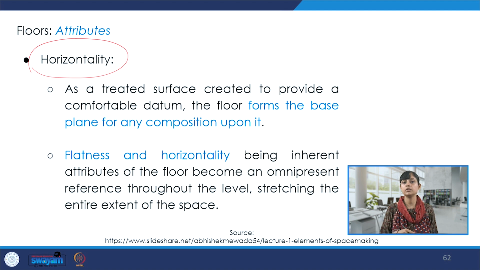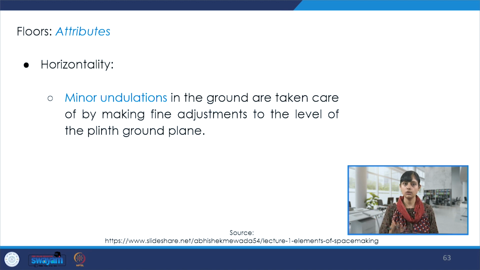They become very important references for the leveling within that interior space, for how we mark the extent within a space, and, through that reference, for the other reference points or deviation points. Within the horizontality attribute of flooring, minor undulations are taken care of by making fine adjustments, and this kind of decision can be taken on site and easily worked upon.